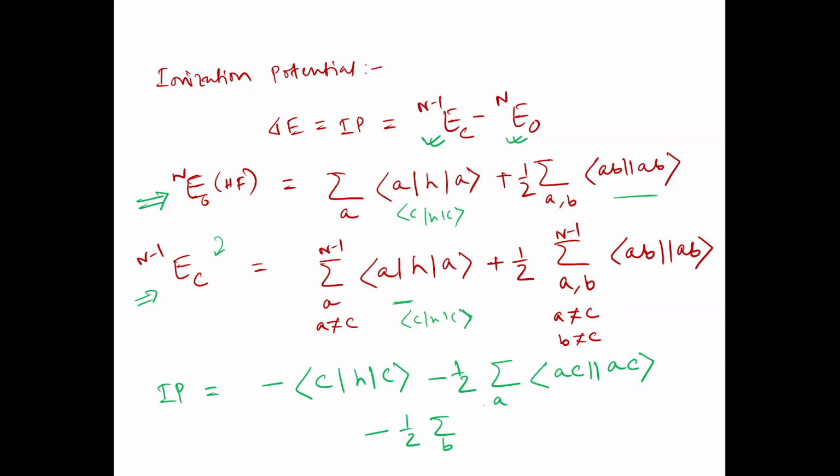I'm just separating out these two terms. So now you are taking the summation over B, so you have to put A is equal to C here. So CB, CB, right? So let's write this term again here.